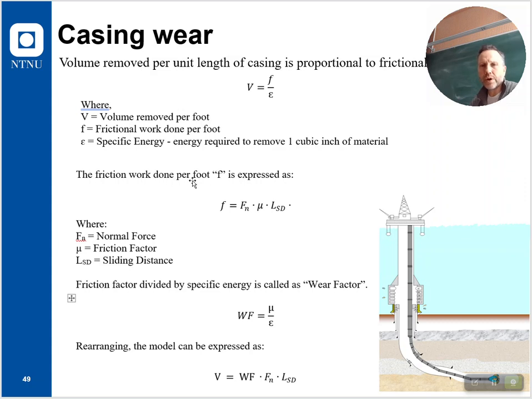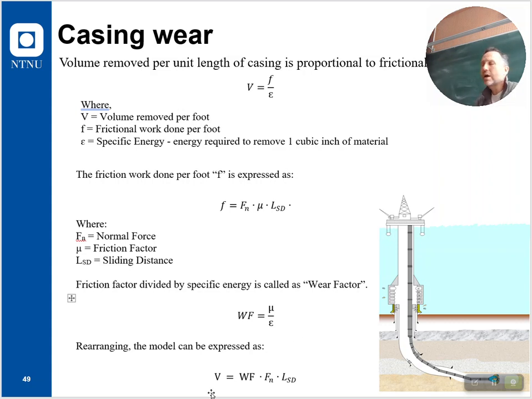And the frictional work done per foot, F, is the same as the normal force, the friction factor, and the sliding distance. And the sliding distance is the point on a piece of pipe like this, and how far it travels down the well. What we use is a wear factor, and that's the friction factor divided by the specific energy.